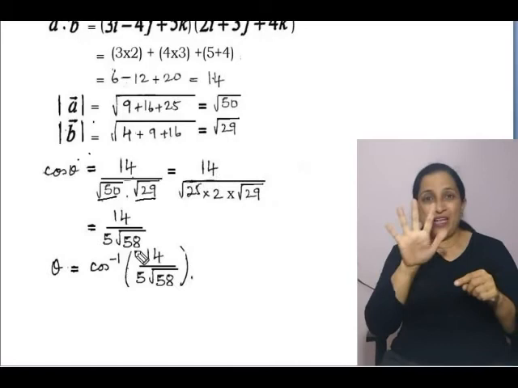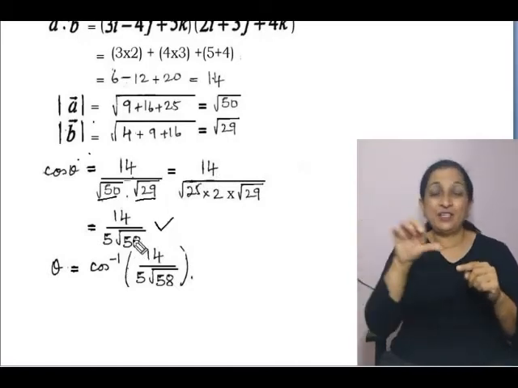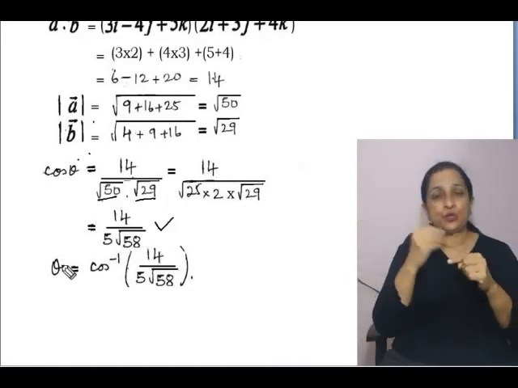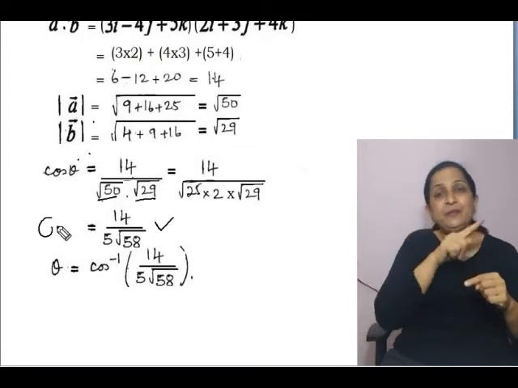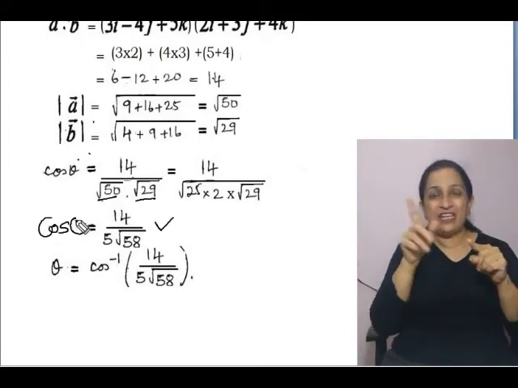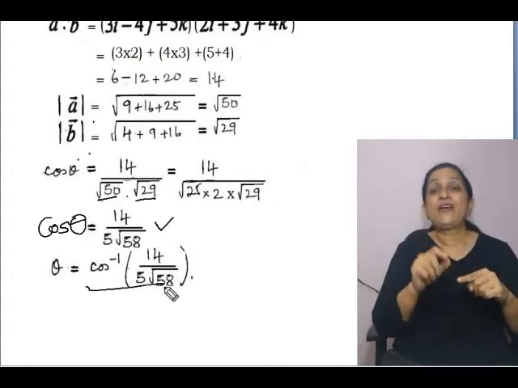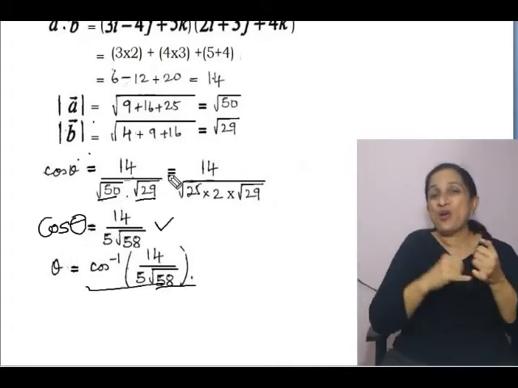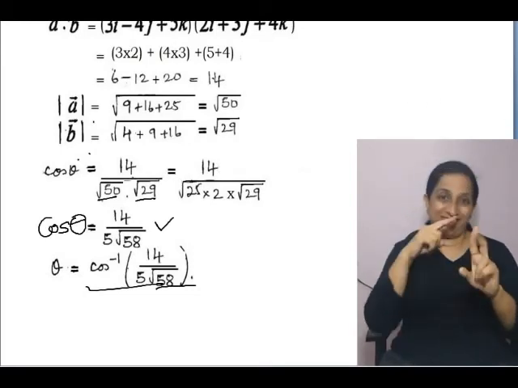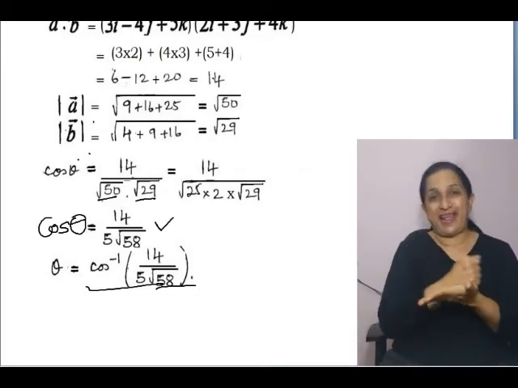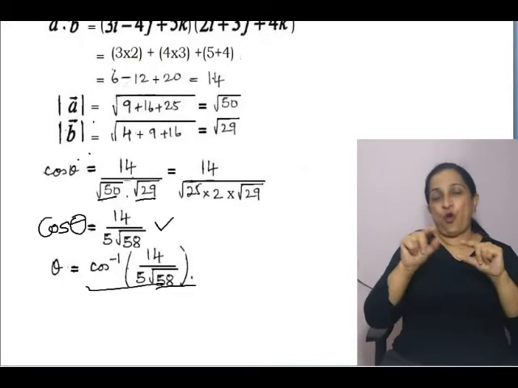So you simplify, you will get 14 by 5 root 58. This is nothing but the cos theta value. If you want theta, then it will be the inverse of that. You must practice this a couple of times, then you will easily be able to understand the concept. It is very, very simple to solve.